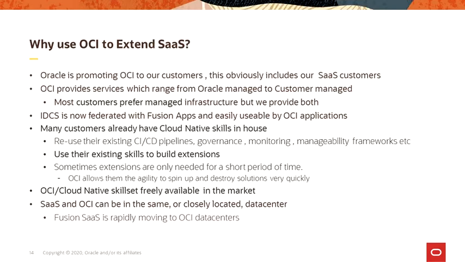SaaS customers, in general, will prefer the managed approach. They don't want to manage VMs, load balancers, and stuff like that. They want to deploy code, and it runs at a determined cost. They want to know roughly what it's going to cost them, and that's always a bit tricky, but you can do it. So there are three angles, and we'll cover those in a minute.